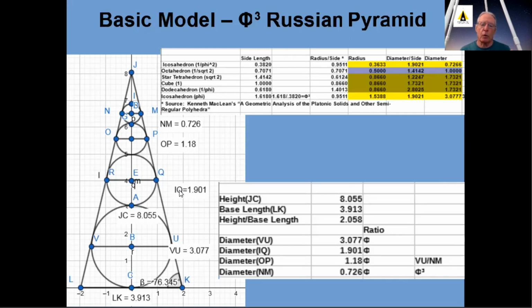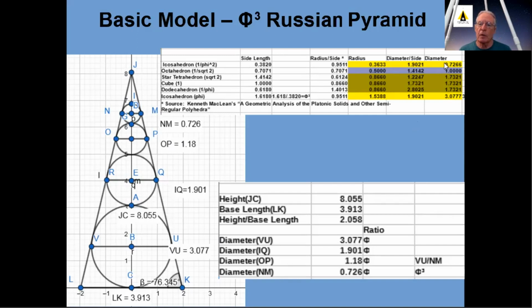Divided by phi is 1.901, divided by phi is 1.18, and divided again by phi is 0.726. Now, if you'll notice, those correspond to, at least in 2 cases, the diameters that show up in Lawlor's nested calculations that I did.